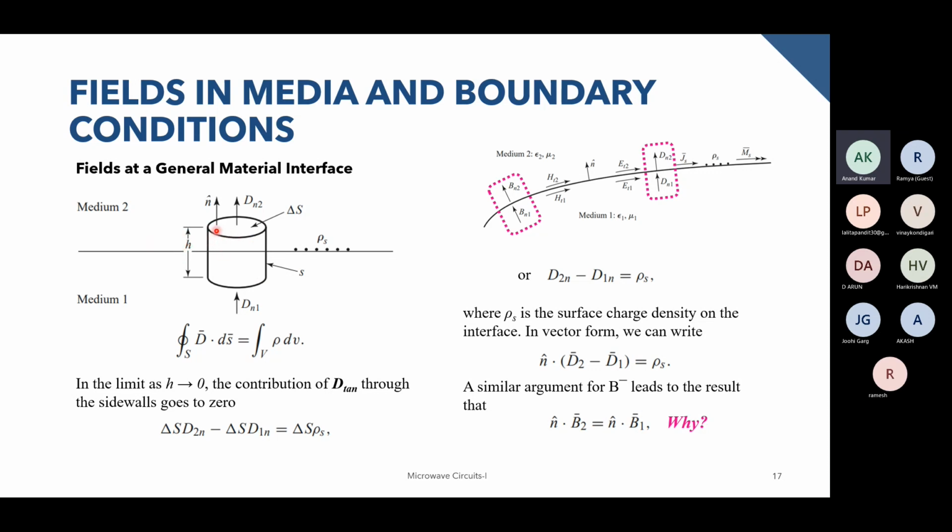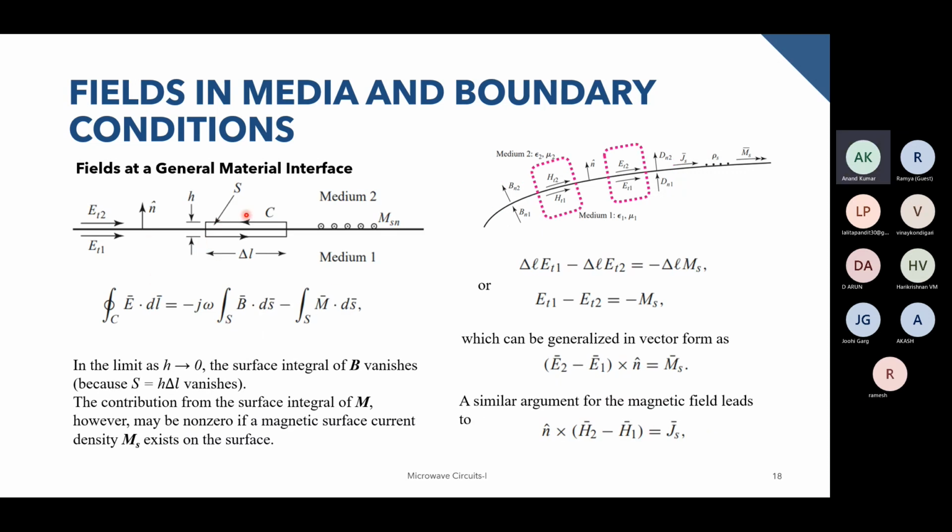So we end up with two surfaces and a negligible volume, and then we use the Maxwell's equations and simplify it so that we get the relationship between D1 and D2, which is the electric flux in medium 1 and medium 2, and which is dependent upon the charge density contained within this particular surface. Similarly, when we do a similar formulation, we will get the relationship between the magnetic flux in both the media.